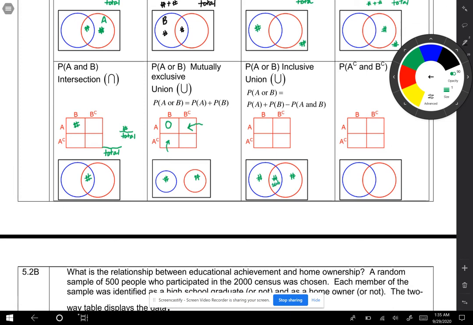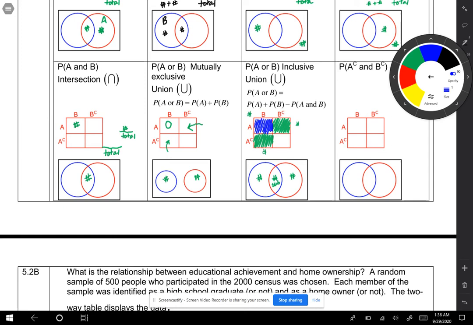So you have this, you have that, and then you have this as your number. That one is not very well represented with the two-way table, but I like it better with the Venn diagram.